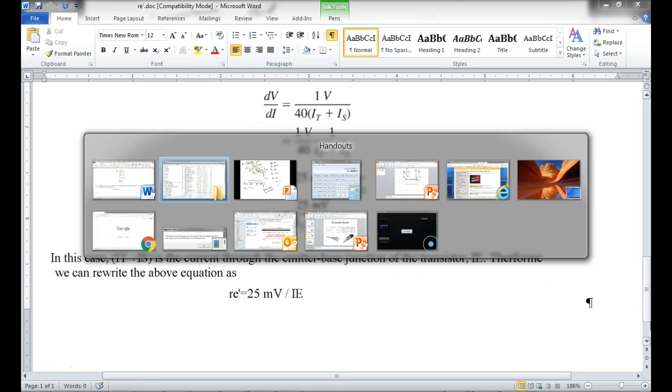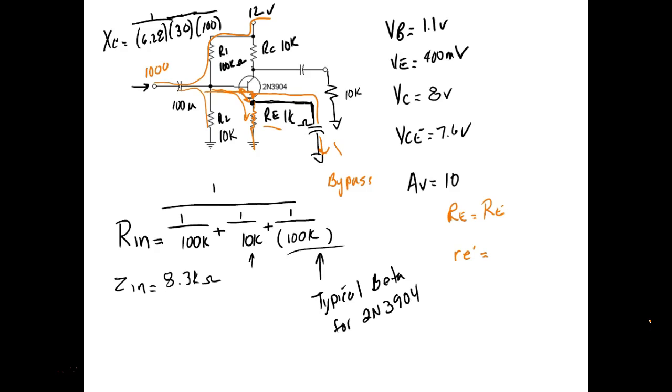So the way we would say it, what was IE? What did we calculate IE to be? Anybody write it down?